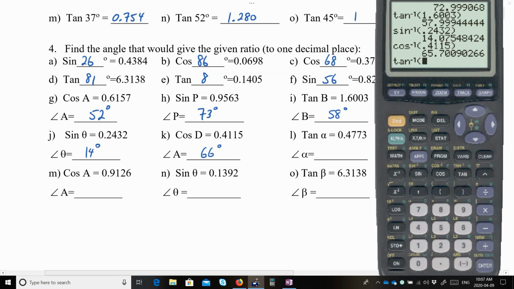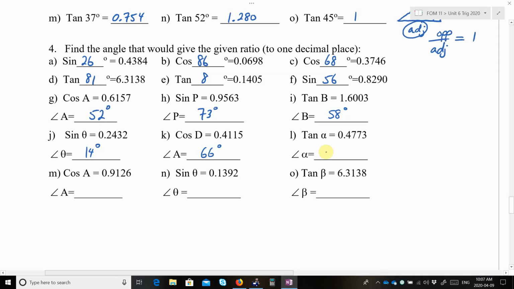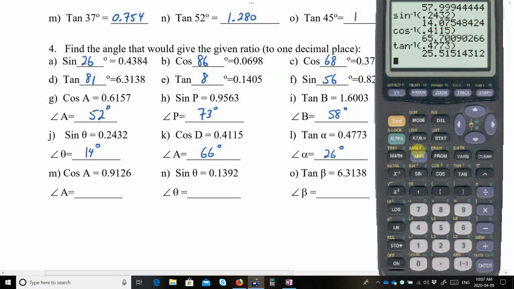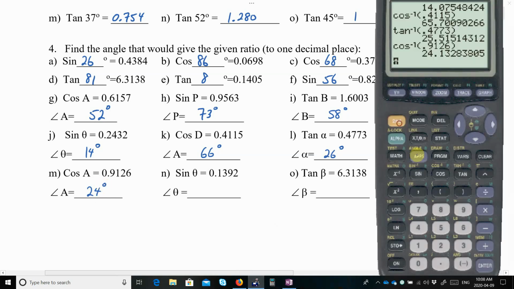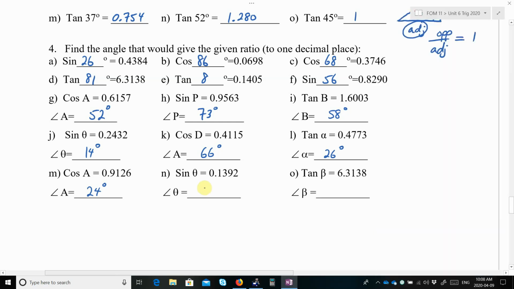Shift tan 0.4773. 26 degrees for that one. Shift cos 0.9126. 24 degrees. And shift sine 0.1392. It's about 8 degrees.